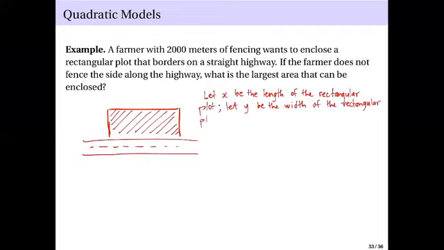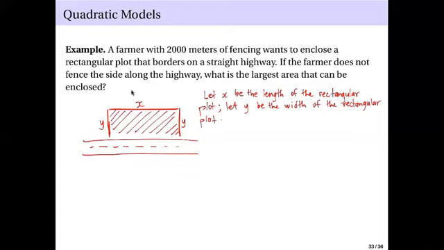So if we look at the sketch here, this will be our x, and this will be our y. And of course, this is also y. Now, according to this, the perimeter without this side here, so the length of the fencing material is 2,000 meters.